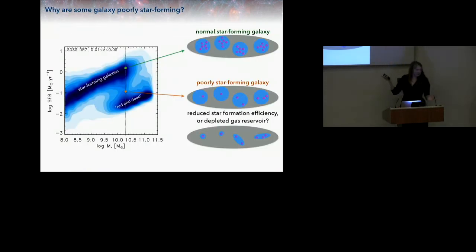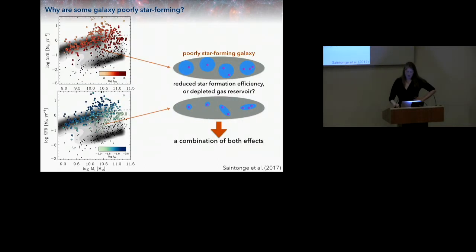So now we have the tools to actually answer this question we posed earlier, right? If we're comparing this star-forming galaxy with a galaxy of the same mass, but that doesn't form more stars, we were wondering, what's the explanation here? By looking at the gas, we can disentangle the star formation efficiency and how much gas there is.